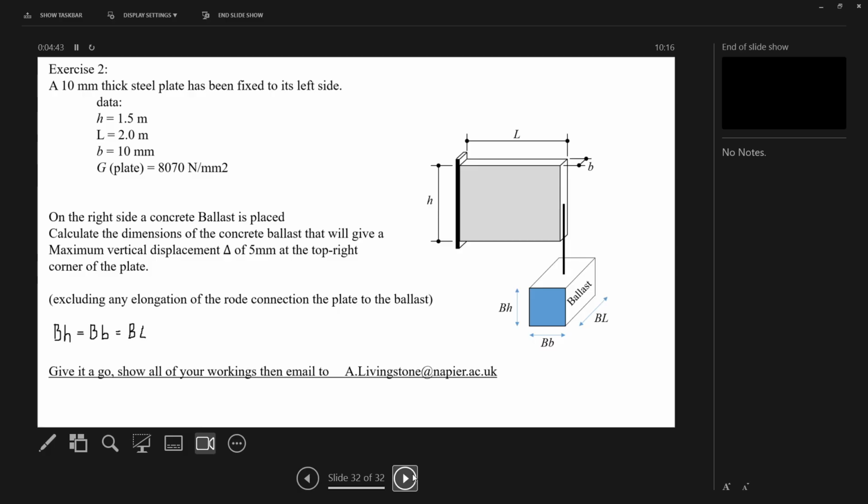Tell me what it is. Let's do ourselves a wee favour. Let's assume that BH, BB, and BL for the ballast are all the same. They all have the same dimensions, so it'll be a cube. Let's just assume that. Made out of concrete. I want to know the size of that. If you can do that for me, that'll be great.